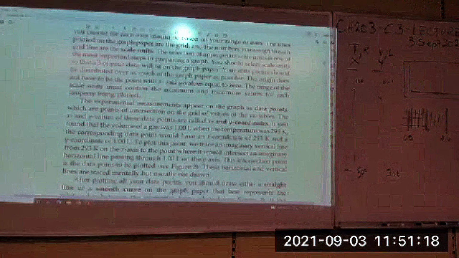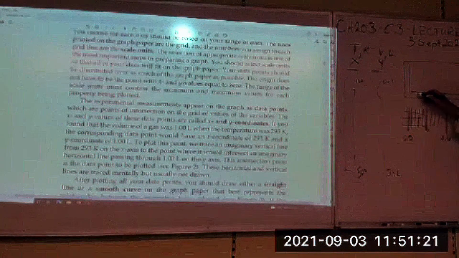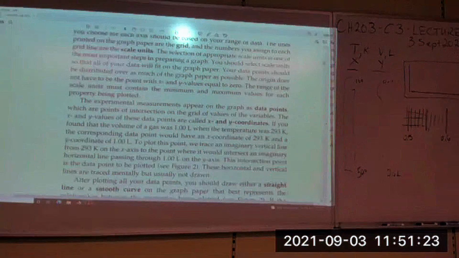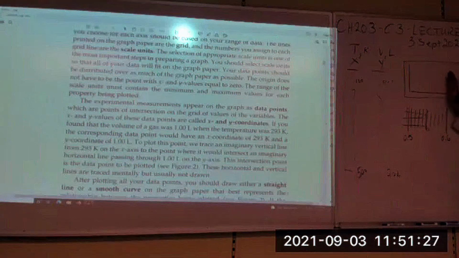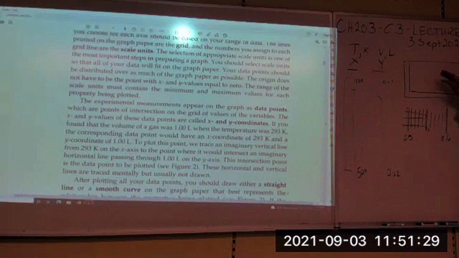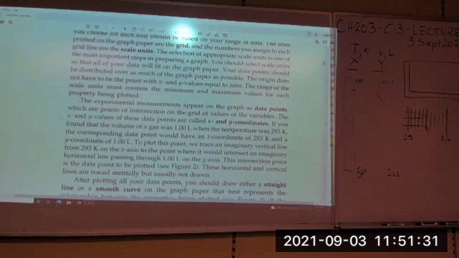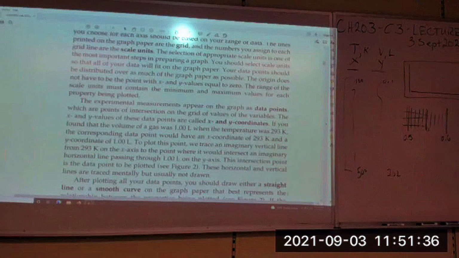But if you do it that way, then your maximum value is going to be out here. That'll never work. So you've got to shrink it back to get everything on the page. That's another consideration. Make sure that all your data will fit on the page. So it's sort of a balancing act.